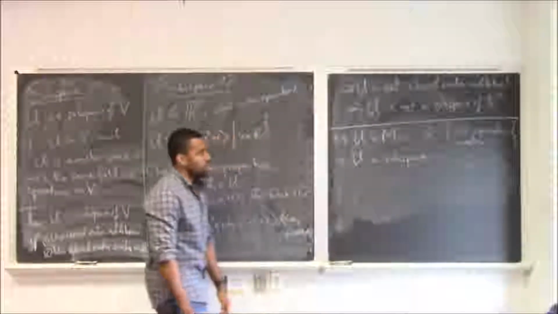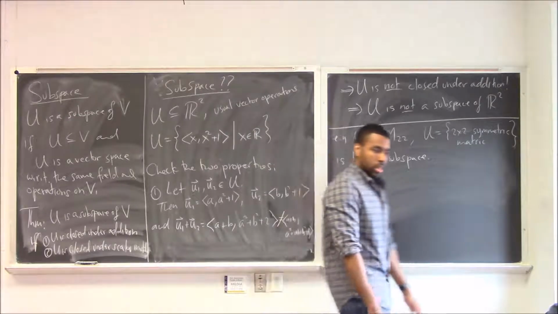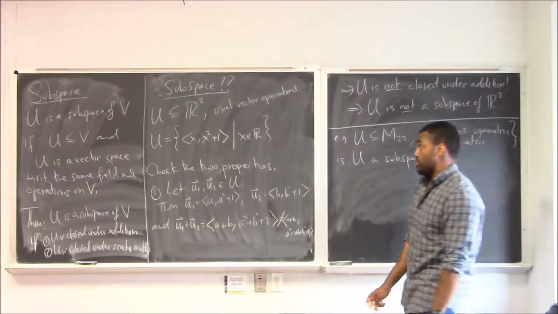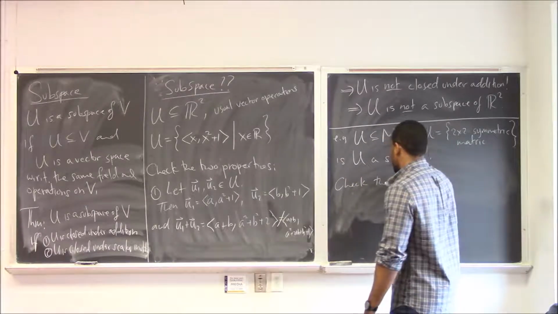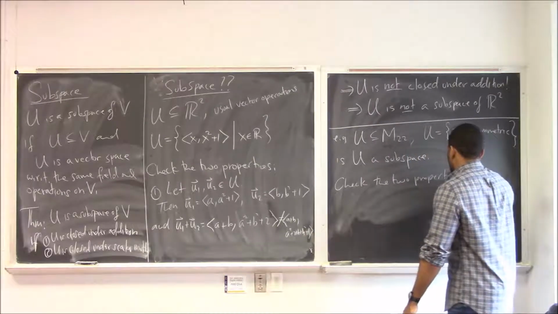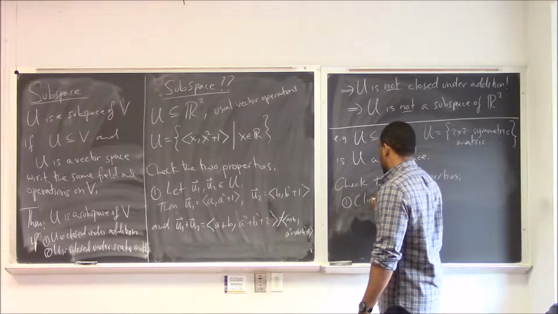Let's not look at all the 2 by 2 matrices, let's look at the ones that are symmetric. Are they a subspace? What would my verification process look like? What would I need to verify? Well, at this point you should know we need to check the two properties. So let's check closure under addition.